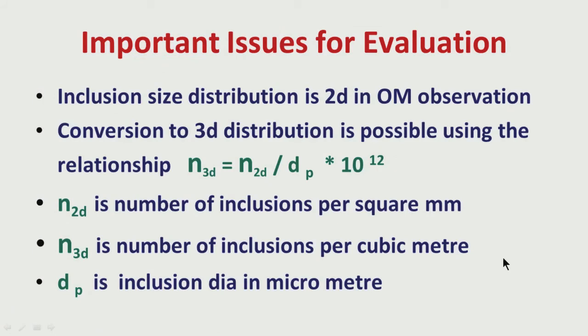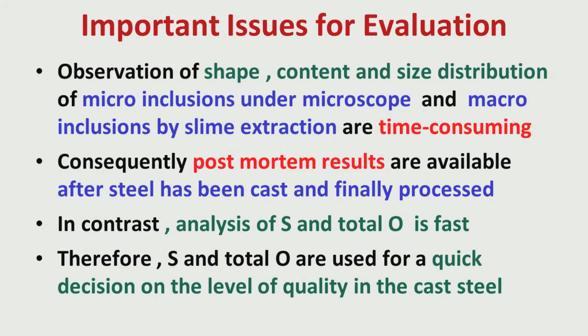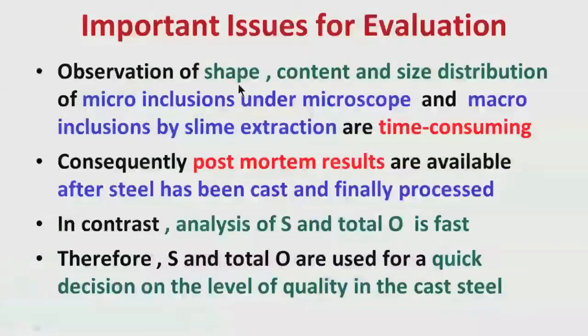Now, let us go into some other issues. We have talked about how these inclusions, whether micro or macro, can be evaluated. But the observation of shape is also very important. I have talked about the number and the sizes, but mostly they are not necessarily spherical.